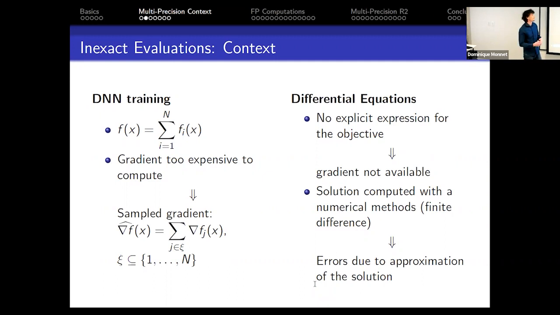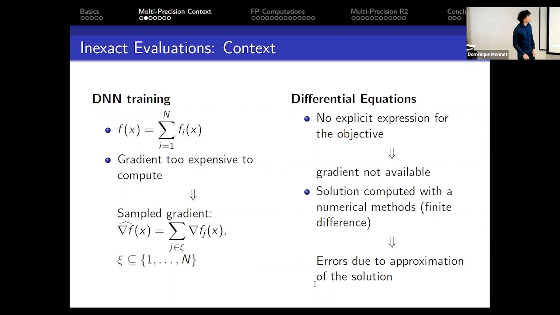That's how you get an approximation of your gradient. This is not the exact gradient, but it's way cheaper to compute. And here multi-precision can come into play depending on the size of your mini batch. You have a lot of precision, expensive to compute, or less precision, but cheaper to compute.